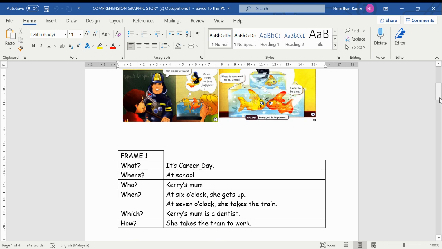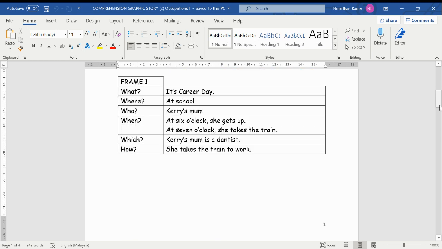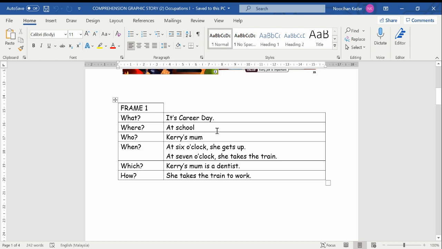Okay, let's look at the details of each frame. We have already done this when we learned how to write a narrative from the visual storytelling of a graphic story, so we will refresh all these details again. In frame 1, what is happening?